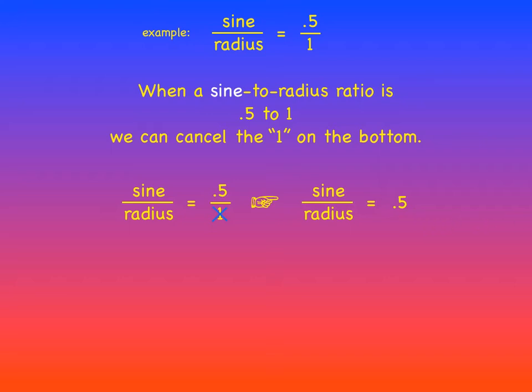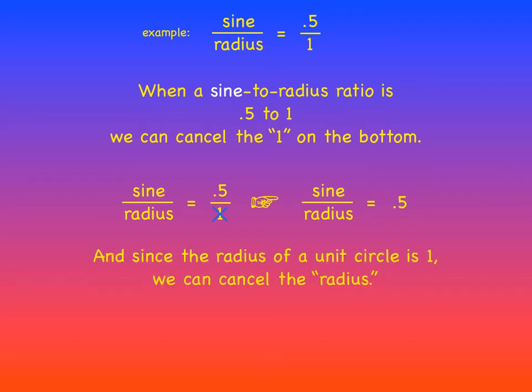We know that it's there in reality. But math people like to simplify things the way they look. And since the radius of a unit circle is 1, we can also cancel the word radius, because it's 1. So now we've simplified it to just look like sine equals 0.5.